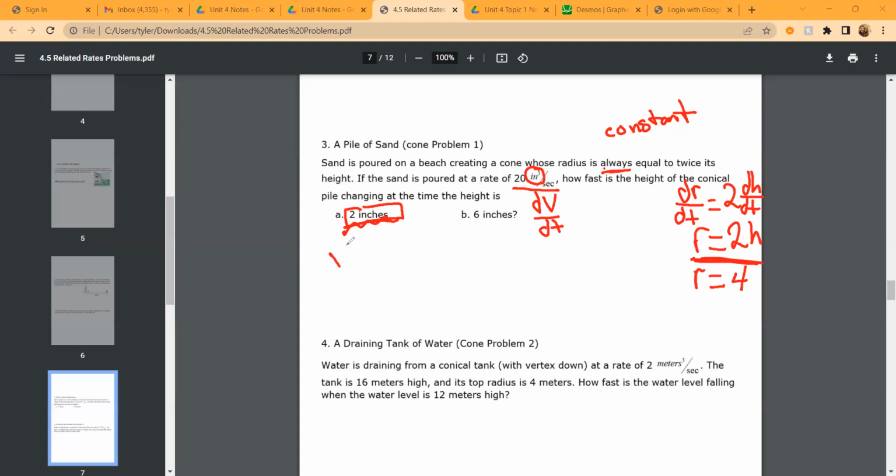So because this is a cone, our formula is usually V equals 1/3 pi r squared times height. However, we want to essentially figure out this all with respect to height. So we'll say, hey, r equals 2h. So we're going to replace this r with a 2h, and then we're going to square it.